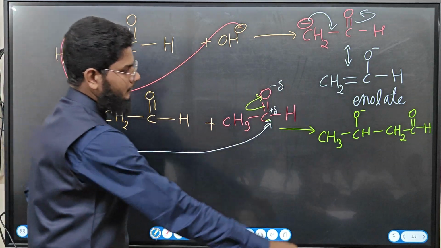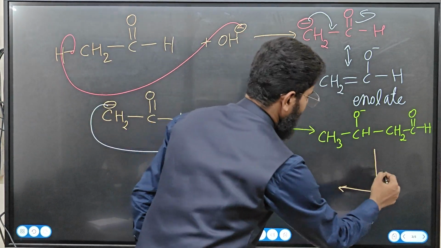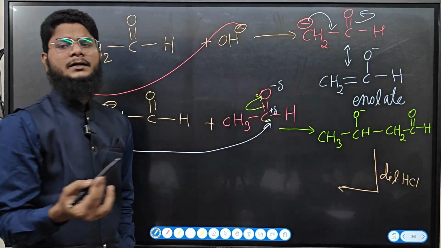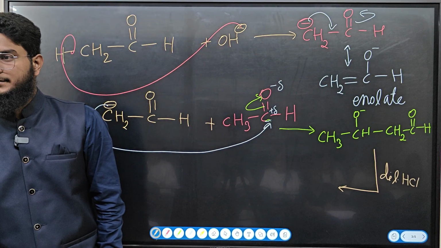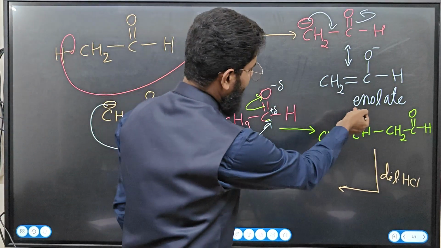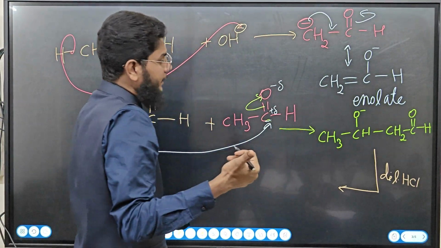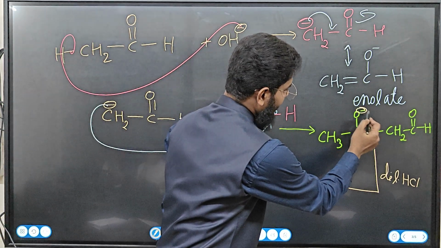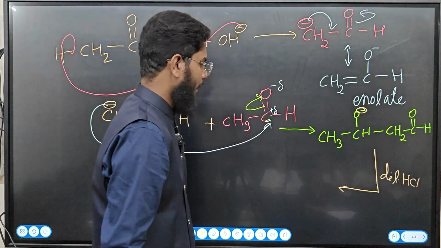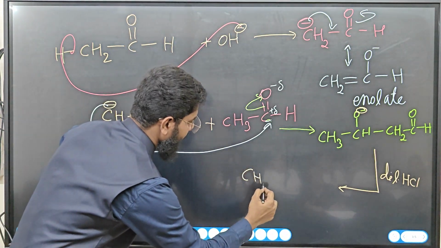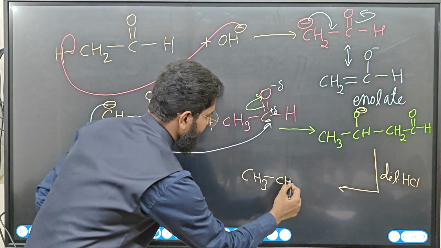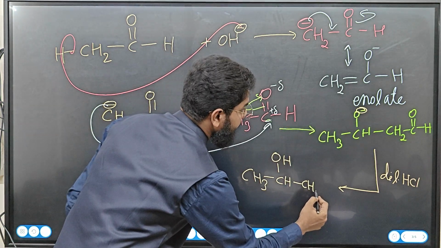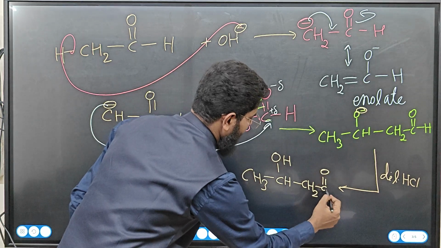Next, do the workup. You can use any dilute HCl. We do the workup just to get the neutral product, because this is an ionic product and we don't need it. So this negative charge will abstract this acidic hydrogen, and you will get the neutral product CH3, CH, OH, and then CH2, COH.